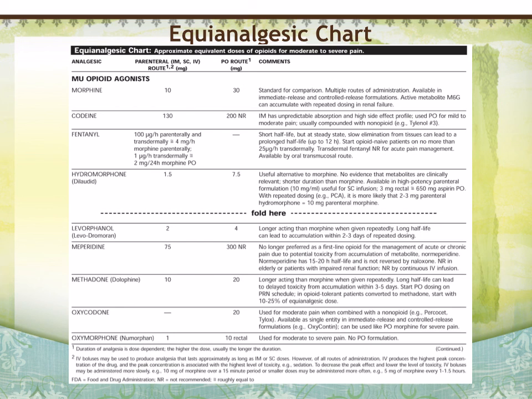So it's very important. Looking at this chart, it tells how this milligram of codeine is equivalent to this milligram of methadone, or how this milligram of Norco is equivalent to this milligram of morphine.